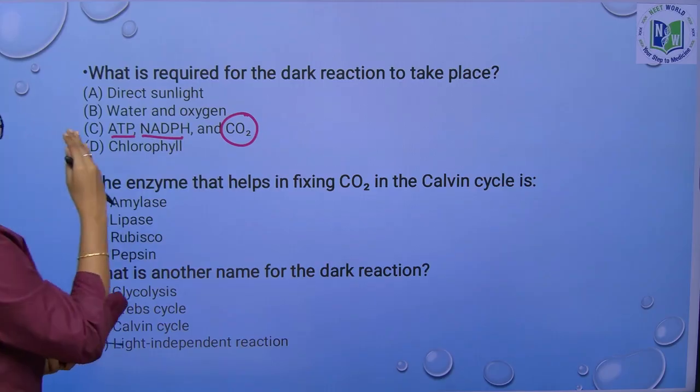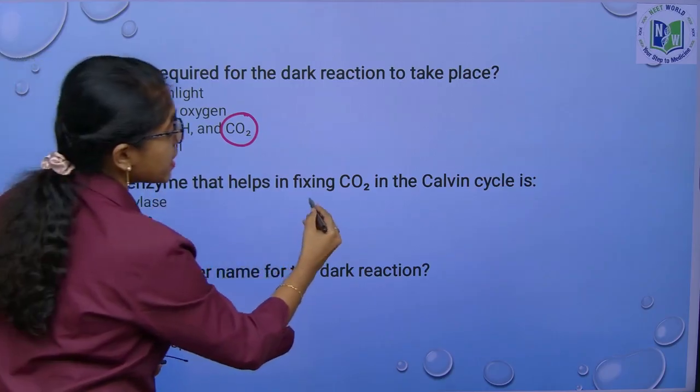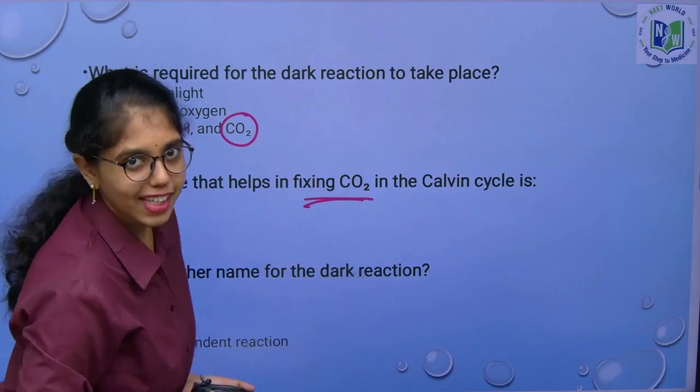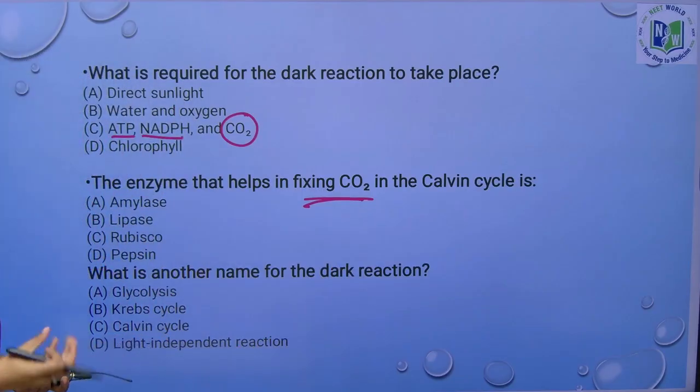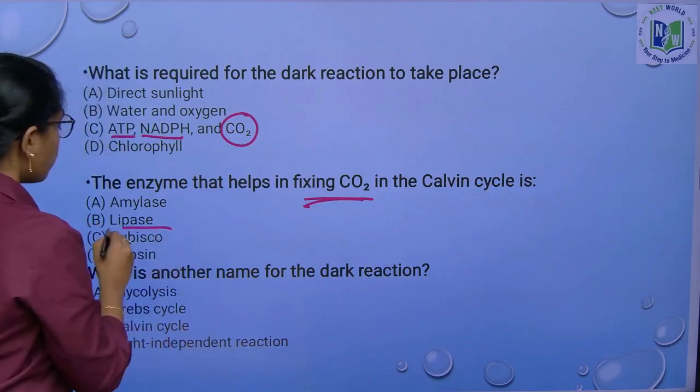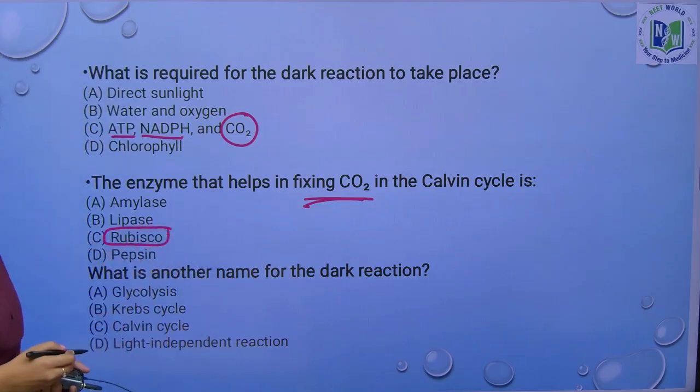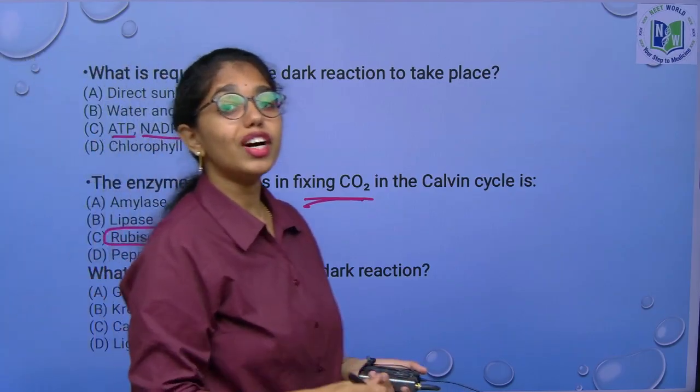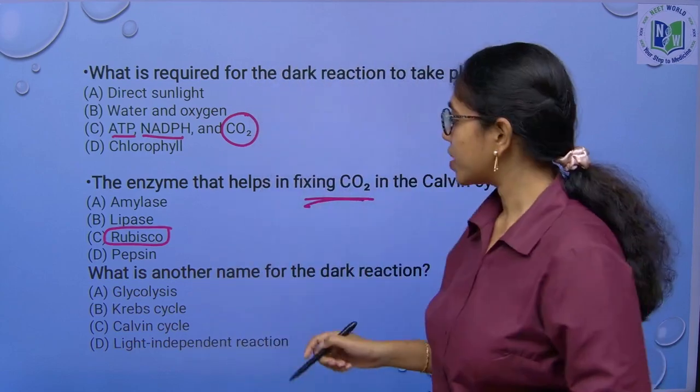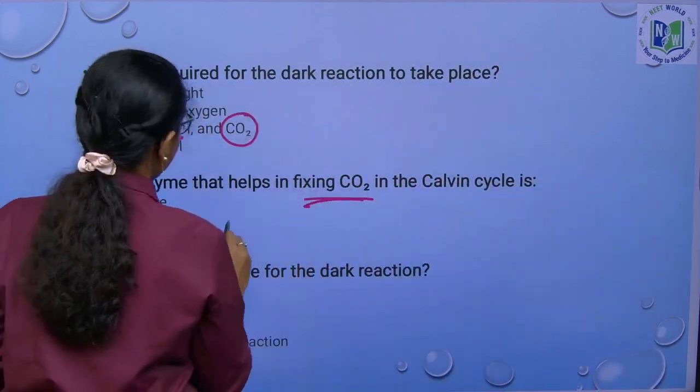The enzyme that helps in fixing carbon dioxide in the Calvin cycle is, which is the enzyme that is required for fixation of carbon dioxide? Rubisco. And do remember, Rubisco is the world's most abundant enzyme.